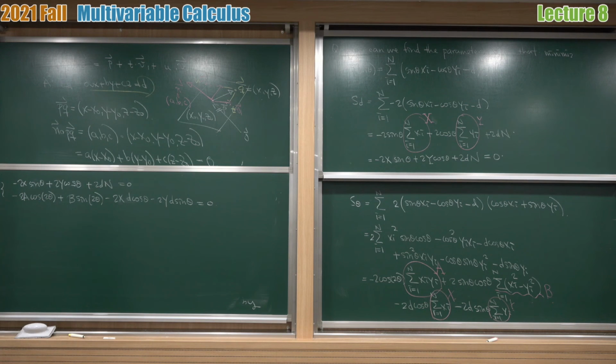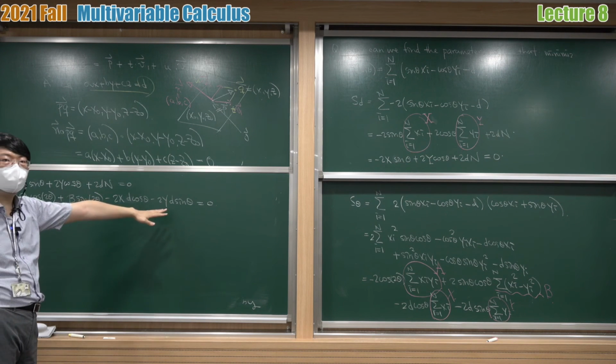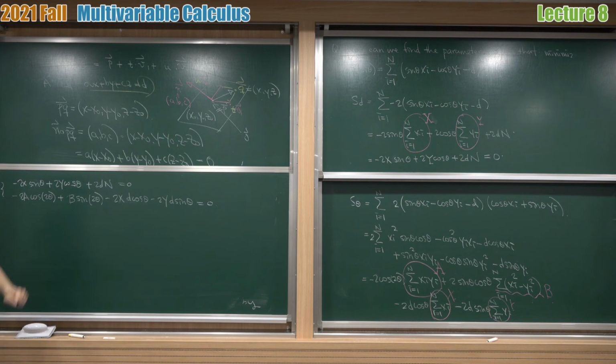So, okay, one way you can find the theta and d is that you can substitute your d in terms of theta using the first equation into the second equation, and then make it into an equation of theta only, and then find the root satisfying this equation. So one way to go.